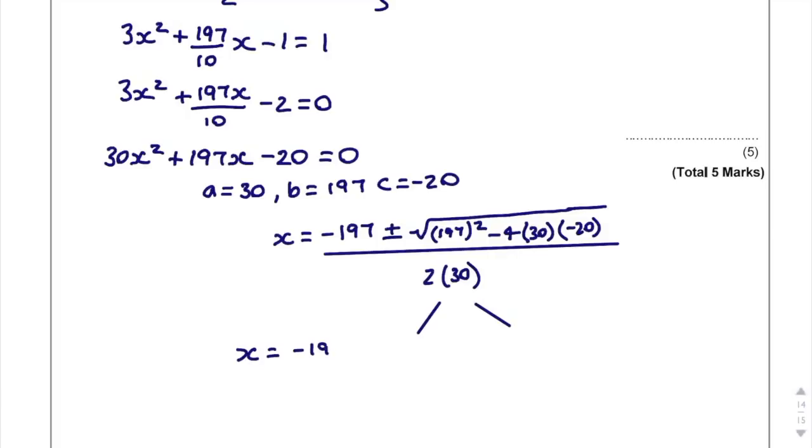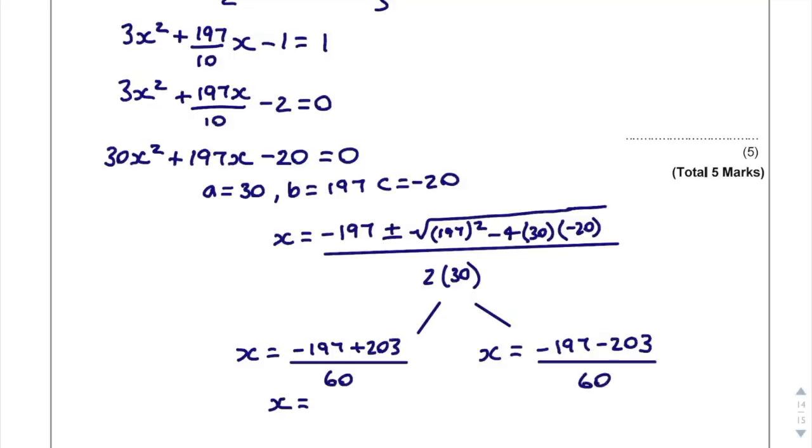Like what we did before in the other quadratic question, we are going to simplify this square root first. So we're going to have 197 squared minus 4 times 30 times minus 20, all square rooted. So we get 203, and that's all divided by 2 times 30, which is 60. And our other value of x is going to be minus 197 minus 203, all divided by 60.